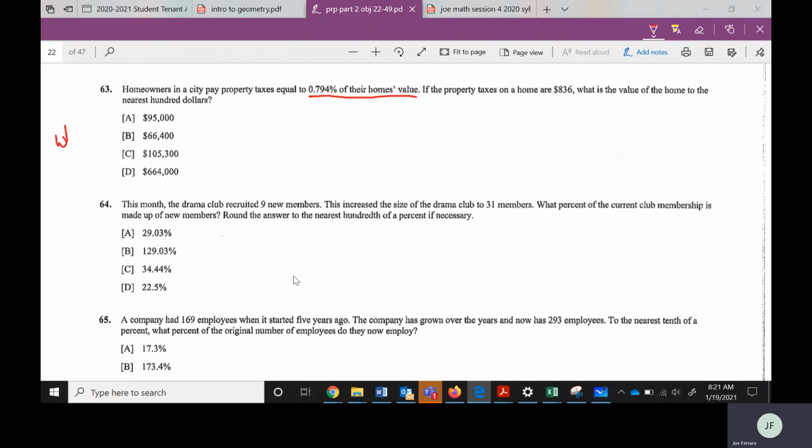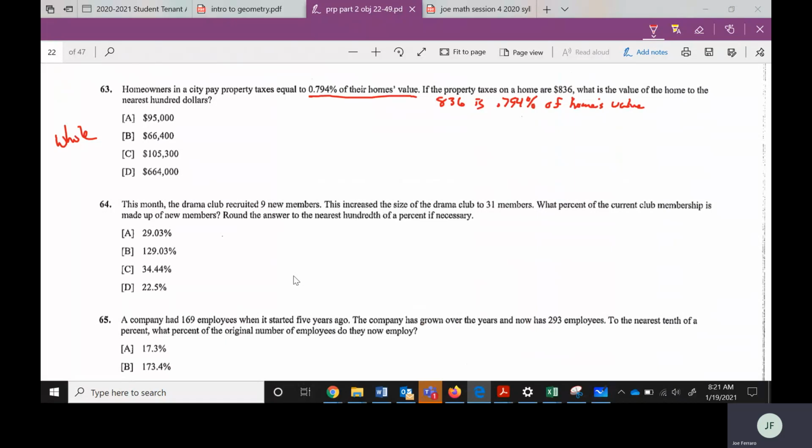We are looking for the whole. We're looking for the value. So basically what we're saying is 836 is 0.794% of the home's value. I should use the word "the" in there, of the home's value.